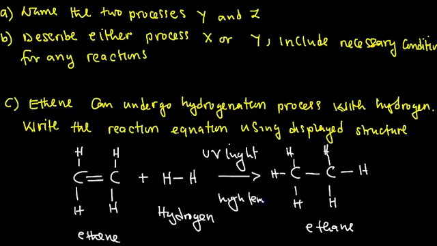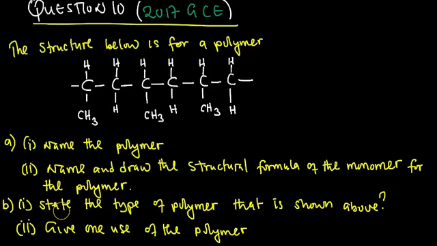If you are asked for the condition, UV light or high temperature is involved. And the importance of this process, hydrogenation, is that it is used in industry for the hardening of vegetable oil.